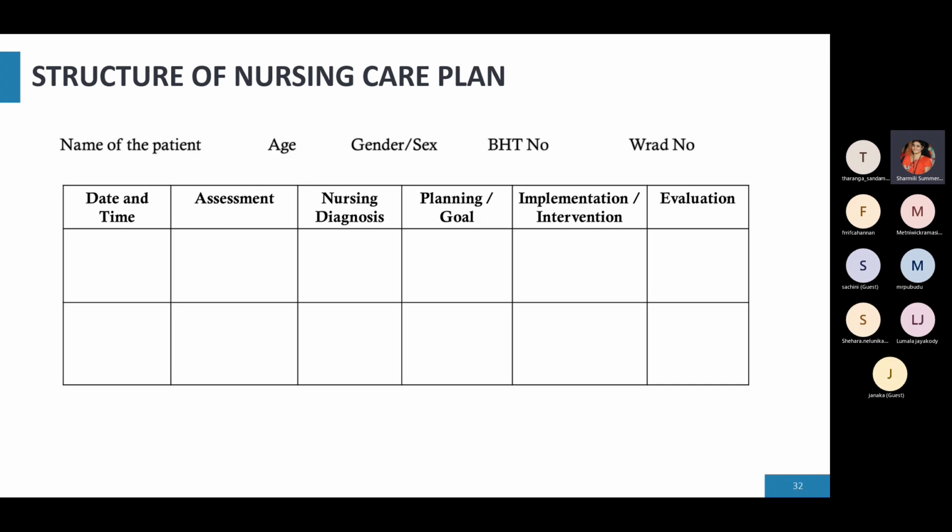Then when I ask the patient, yes, now my pain level has reduced. So this is very, very effective. We care about the patient management and we care about the patient's problem more. So that is the major use of writing this care plan. This is the most important use of writing the care plan.